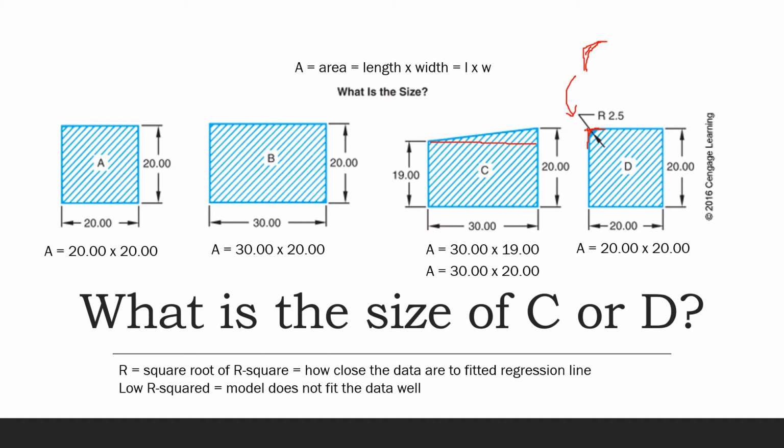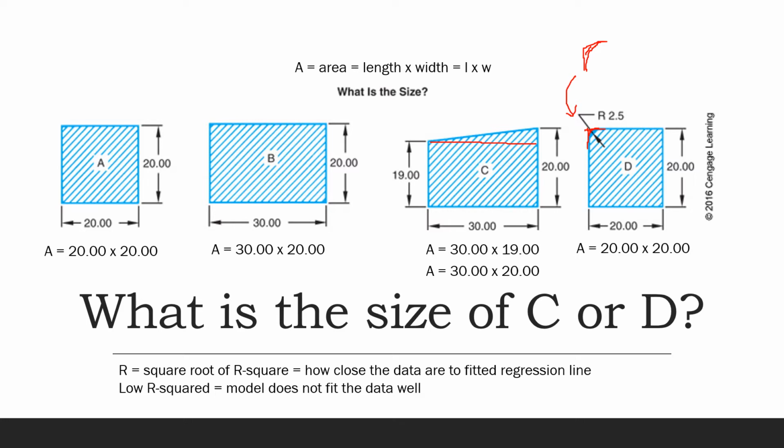So you have to come up with the idea that the area of D is definitely less than the area of A. It is less by the area of the little corner right there. So therefore you can say the area of D is actually less than the area of A. And we know the exact area of A: 20 times 20 is 400 units squared.